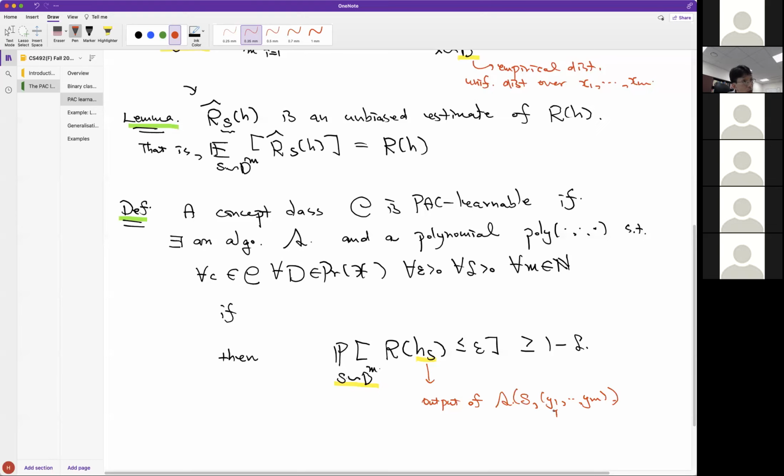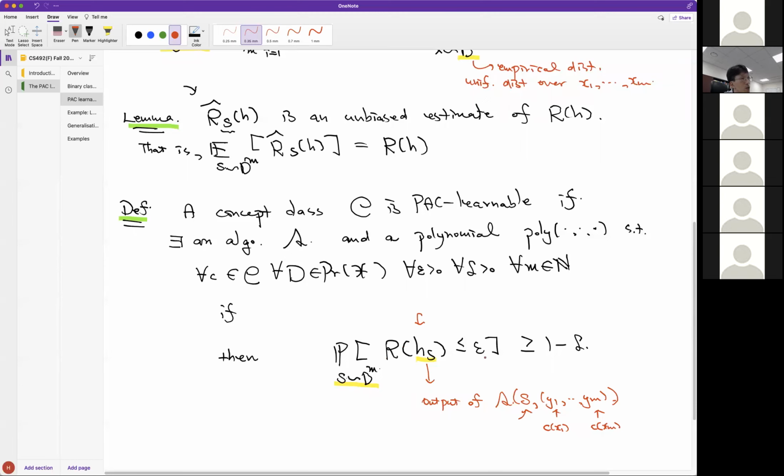These y1 up to ym are computed by applying C to x1 and so on. Because S is random, what this algorithm returns will be random. The algorithm itself is not random, but because the sample is random, this R of h of S is random.